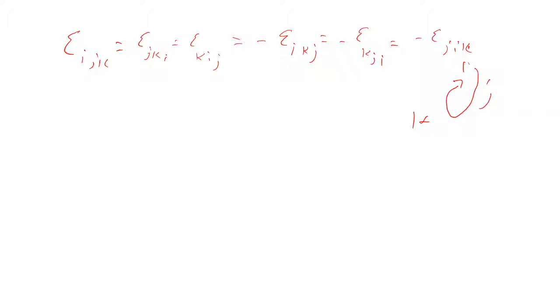Okay, so which means I have 6 and 6, so I have 36 possibilities if I'm multiplying the two of them together.